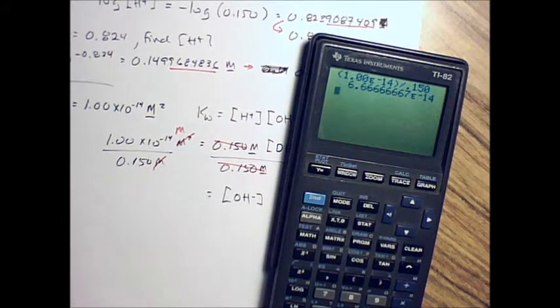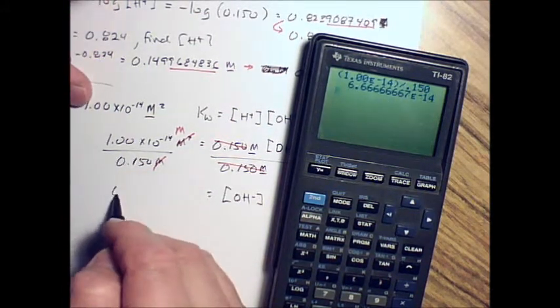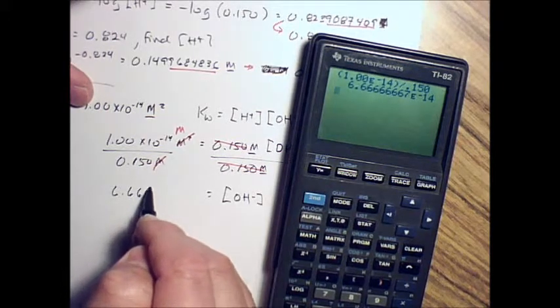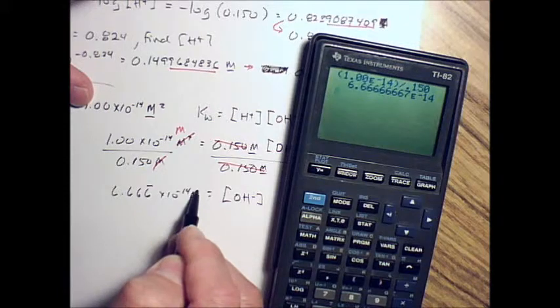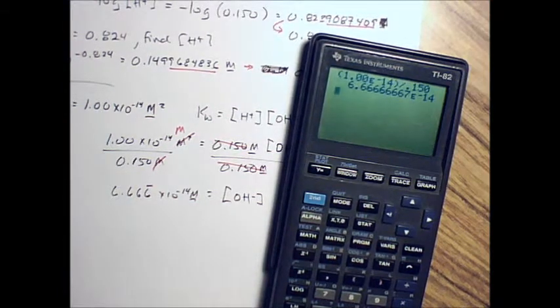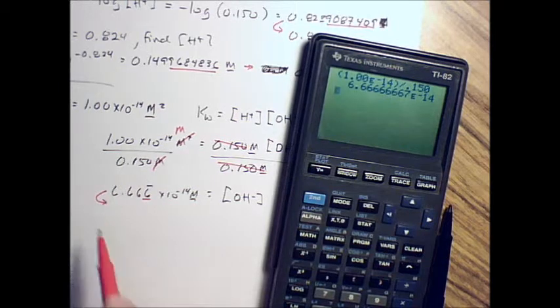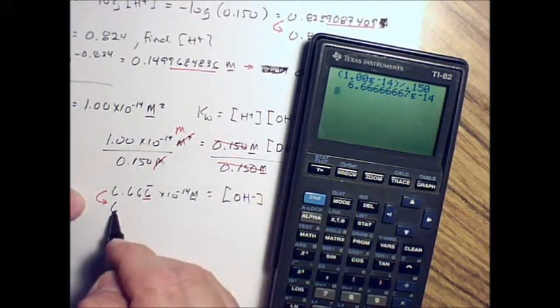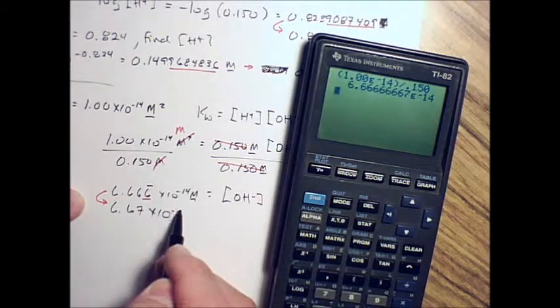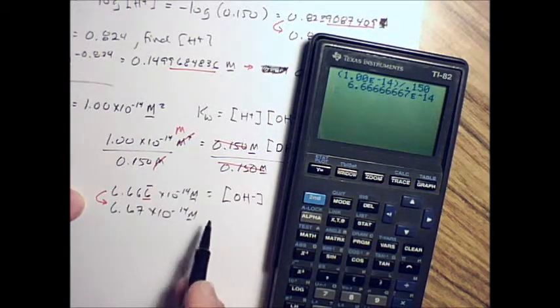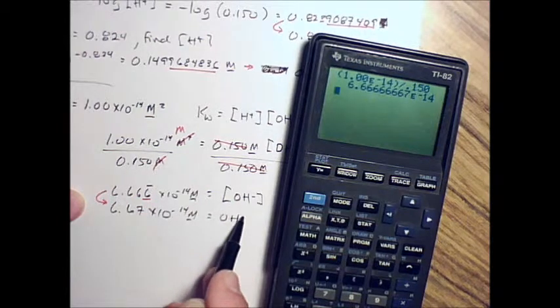And so I got a hydroxide ion concentration of 6.66 continuous times 10 to the negative 14 molar. When I round it off, I need 3 digits: 6.67 times 10 to the negative 14 molar. That's the OH concentration.